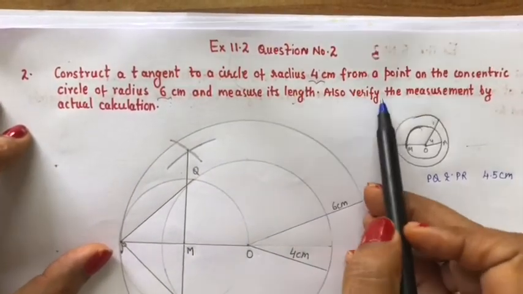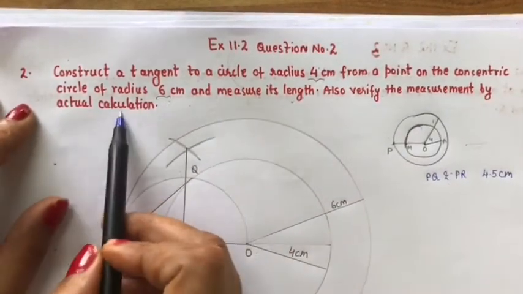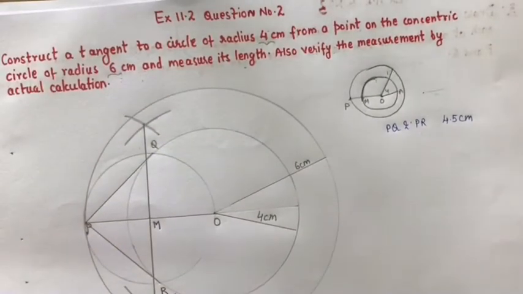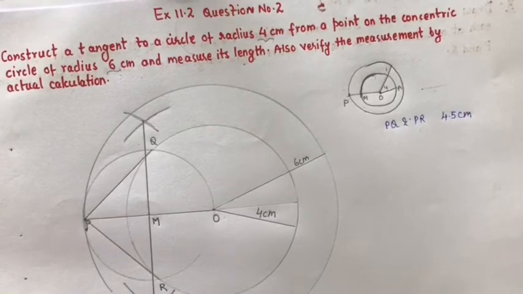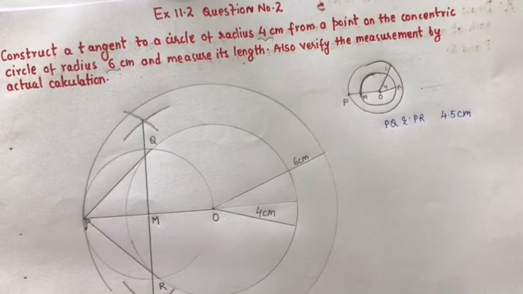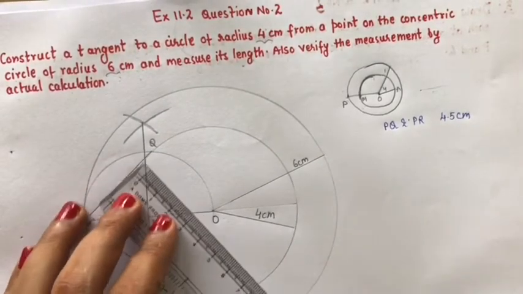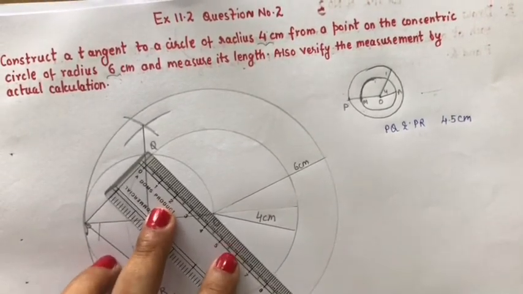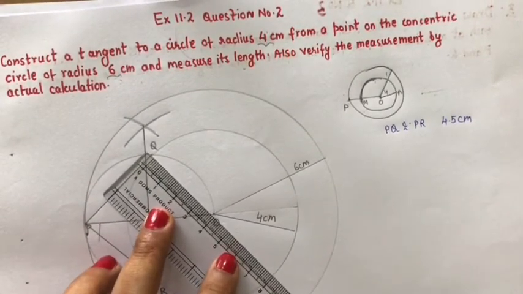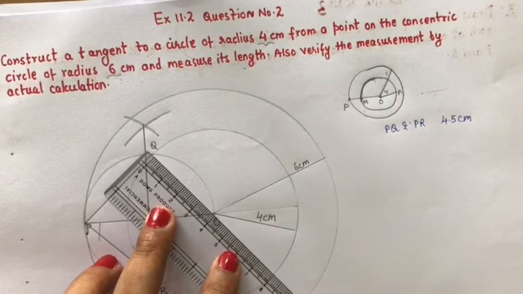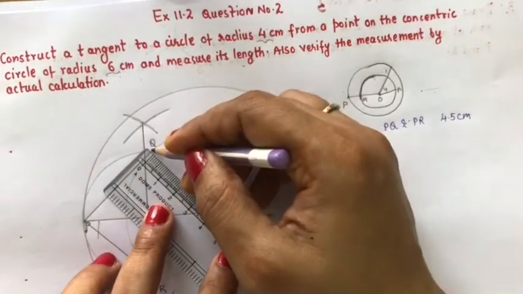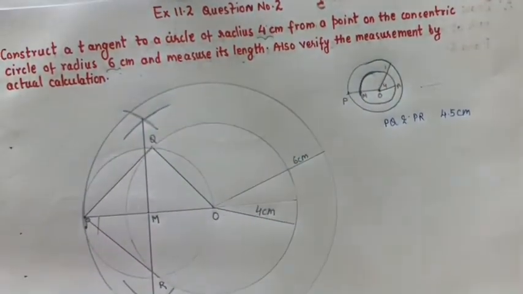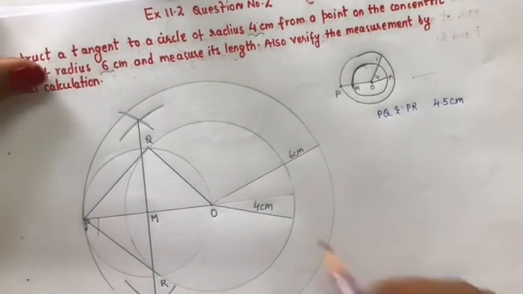Now we have to verify the measurement by actual calculations. What does that mean? We'll join the point O and Q. Now look here.